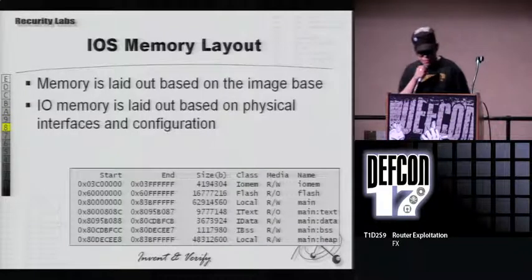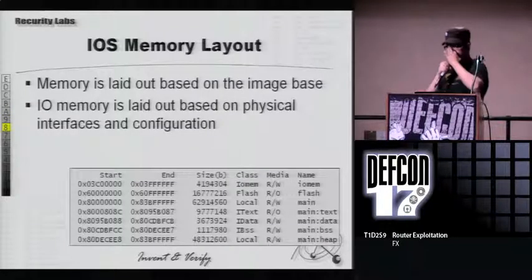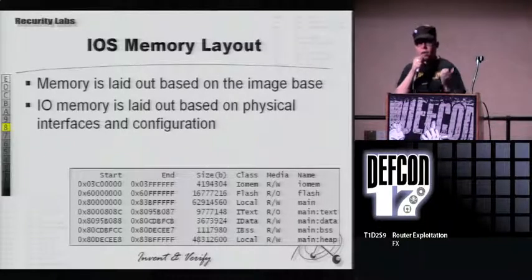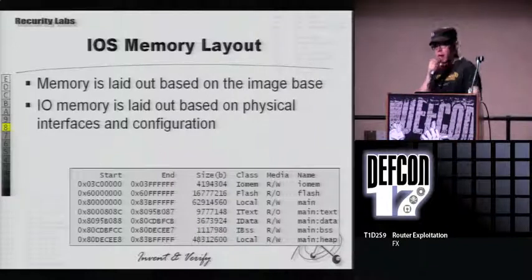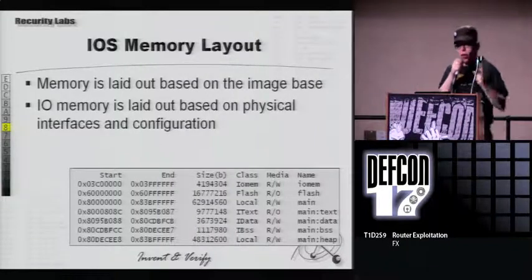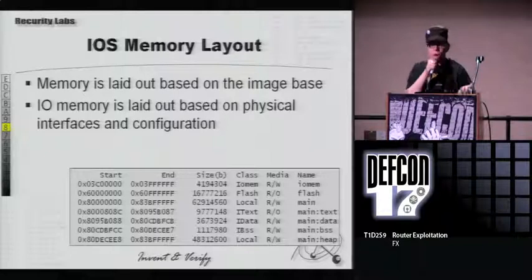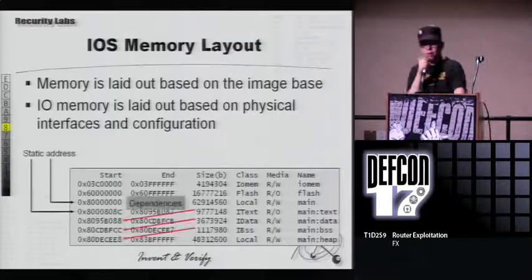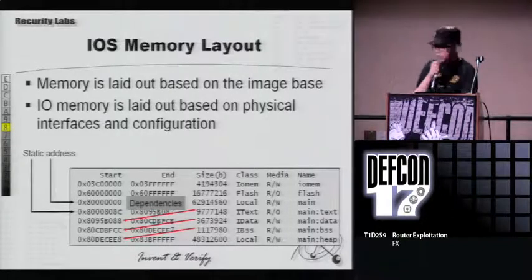No. So the memory layout is based on an image, right? It's a big Hello World program. So I/O memory and other memories are also influenced by what stuff you put into the router, like what interfaces. And so you have this base address here, which is stable over the platform.